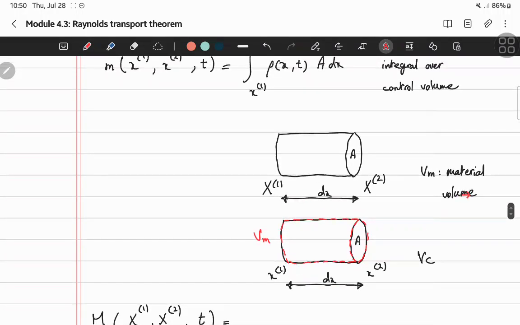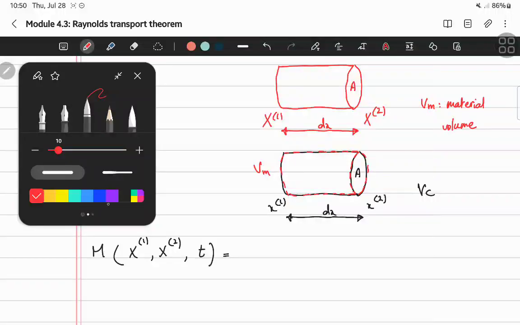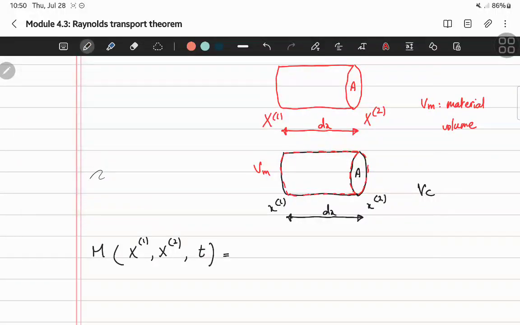Let me just change this color to red. Great. So now we have a time instance.